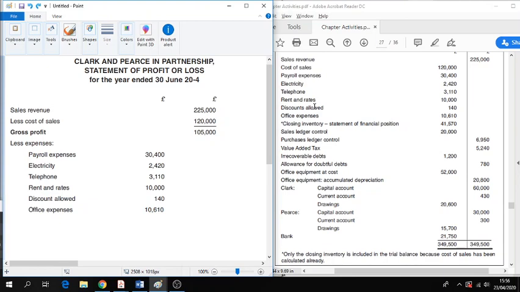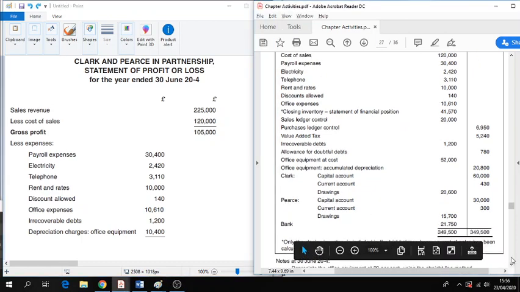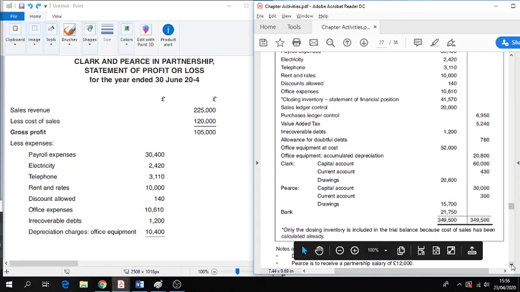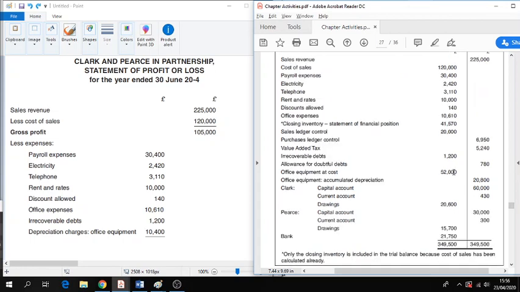There are some other expenses that I can see: irrecoverable debts, which is the next one, and depreciation, which we need to remember. And just going on the depreciation note, they mentioned 20% straight line, which is on 52,000.